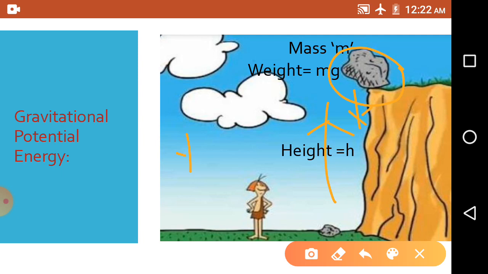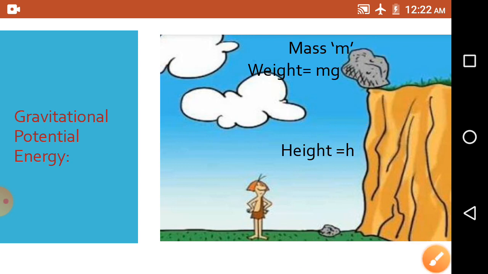A force is applied upward, lifting the object up to the height h. So there is some displacement h, and there is a force which is exactly the same as the weight, but applied in the upward direction.